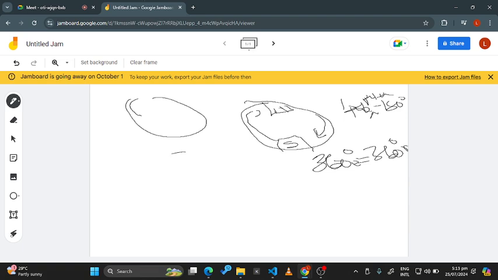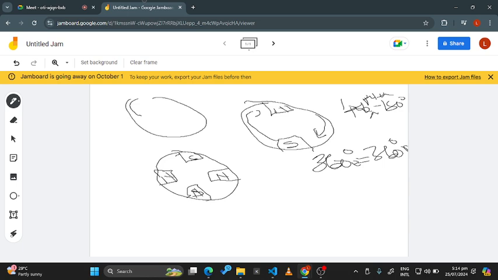Then if I have another motor that has four poles, this is south pole, this is north pole, this should be south, and this should be north.